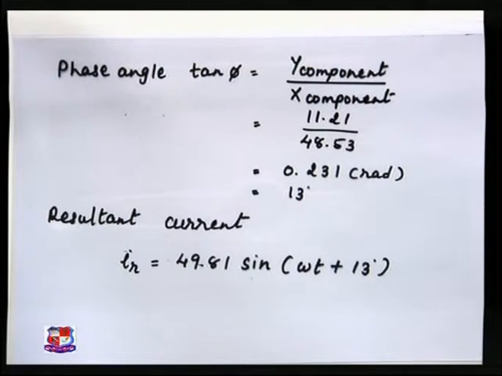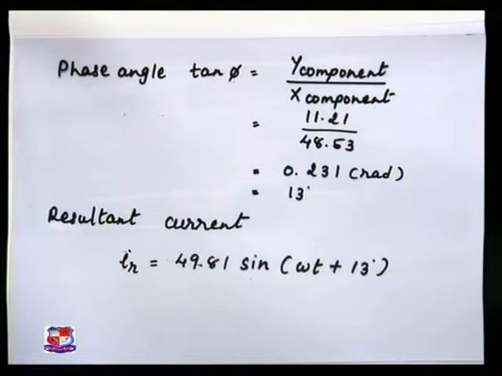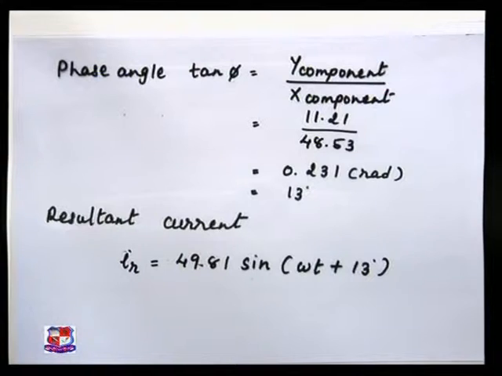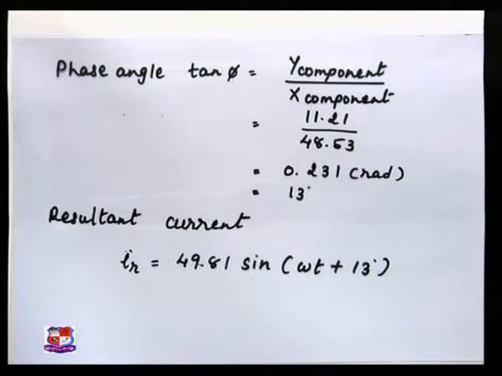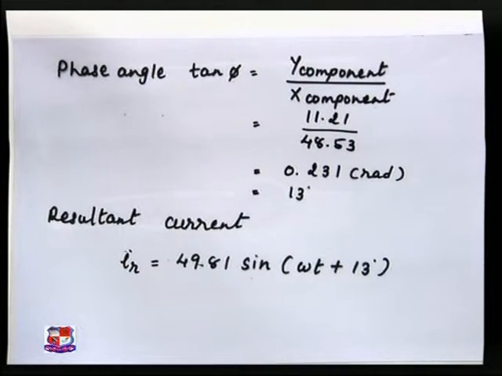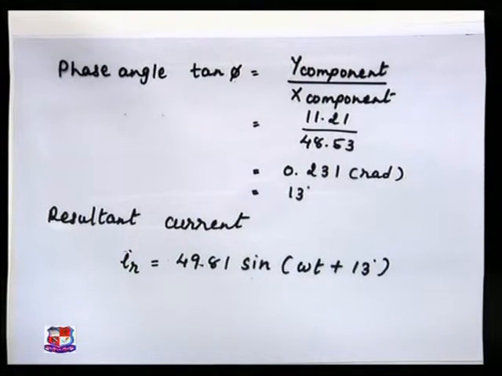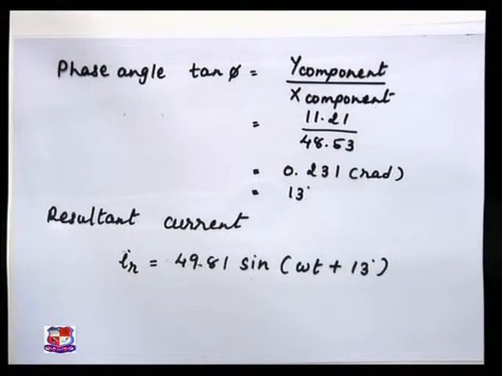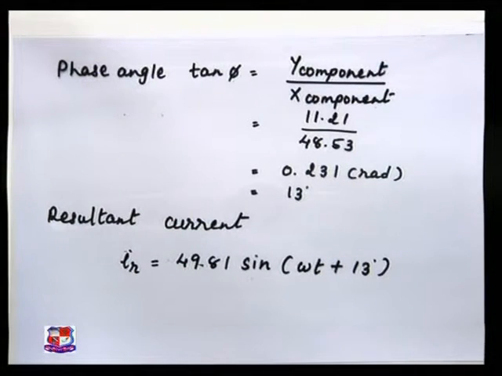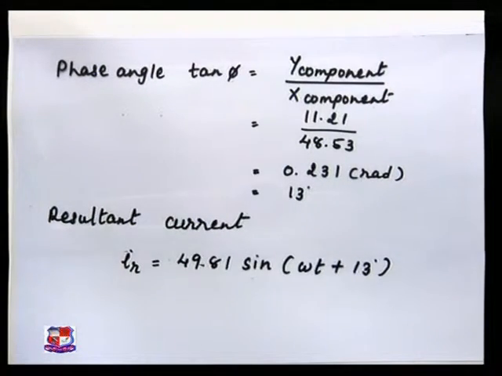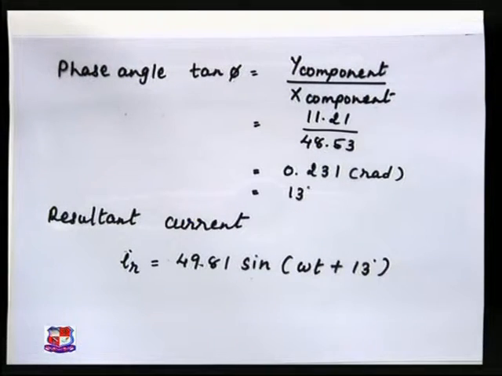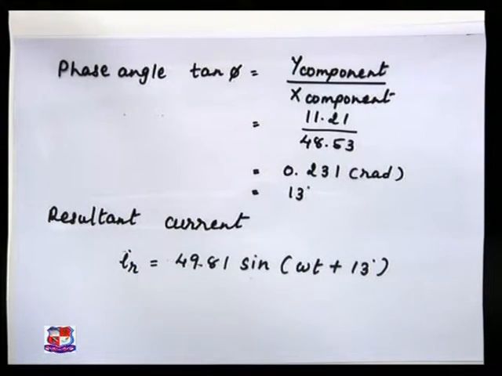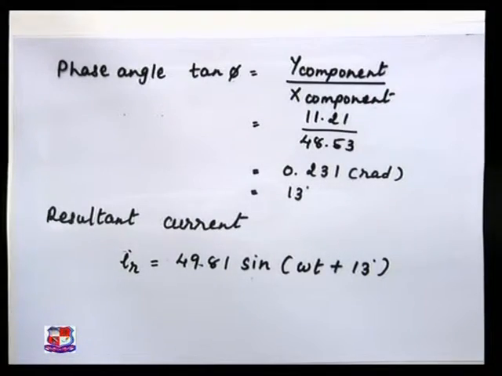Convert it into degrees: you can easily convert any radian quantity to degrees by multiplying by 180 by pi, or pi by 180 to convert degrees to radians. So it is 13 degrees. So your resultant current IR is equal to 49.81 sin(omega t plus 13).